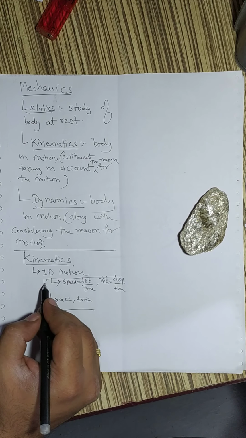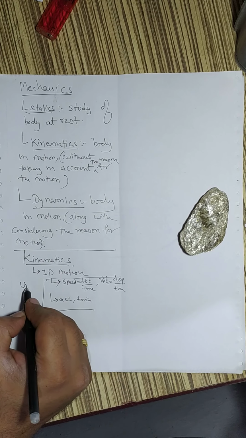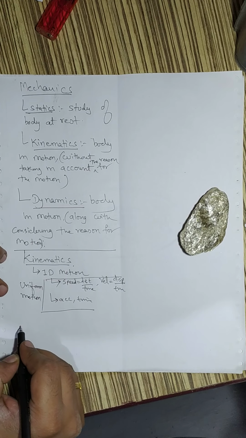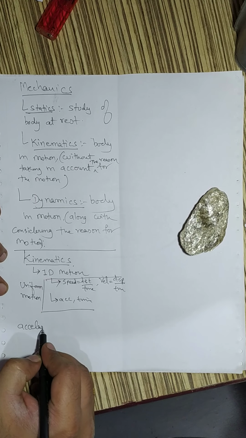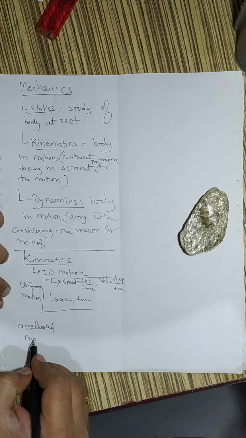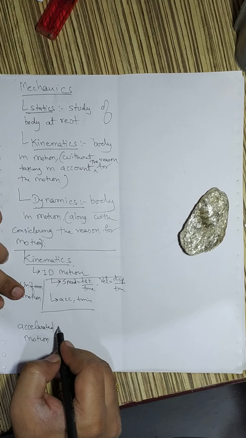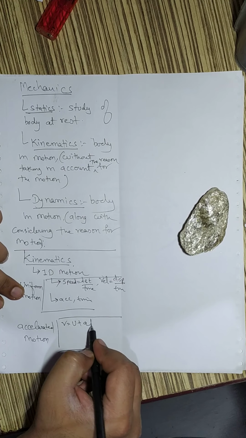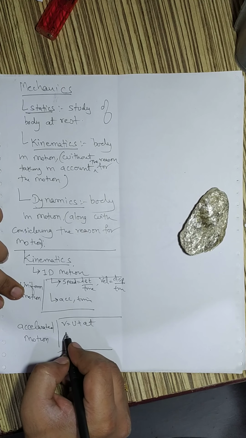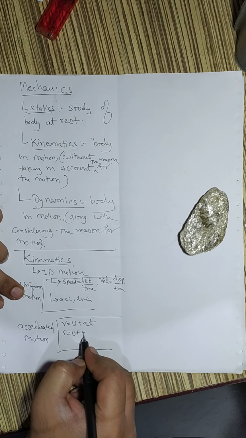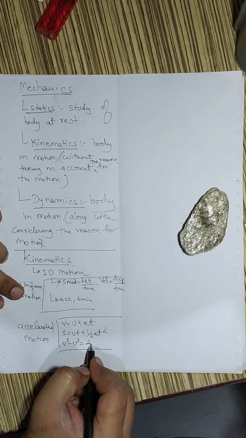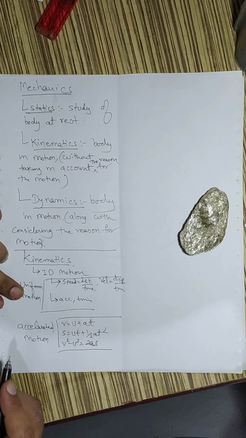Then the next part, this is for the uniform motion. And then the next we have accelerated motion. Accelerated motion, again in one dimension, we'll study these three formulas of the equations of motion. v = u + at, s = ut + 1/2 at², and v² - u² = 2as.